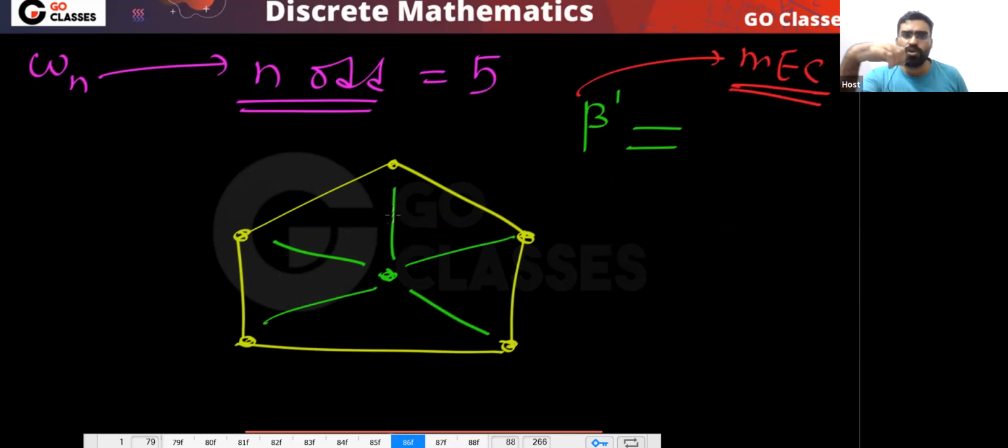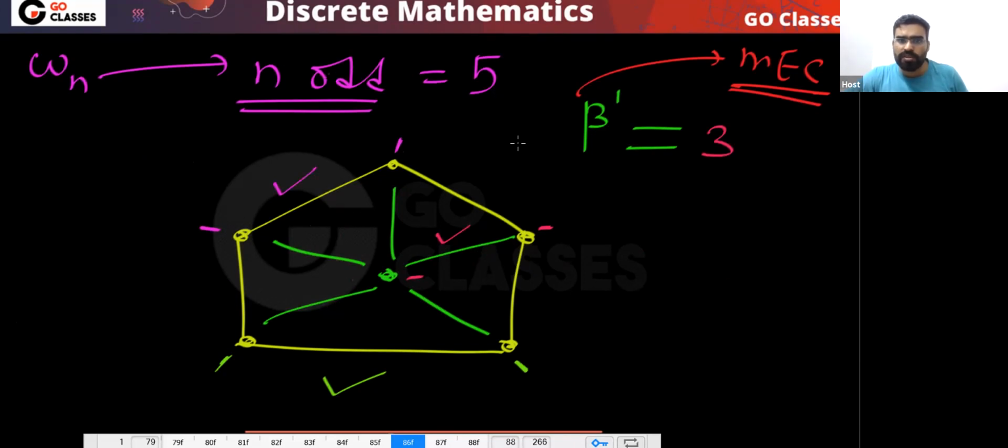You want to cover all the vertices. If you take this, these two vertices are covered. How many vertices are remaining? 2 vertices. Then you take this, then these 2 vertices will be covered. So how many do you need? Beta dash will be 3. Yes or no? Is this clear?